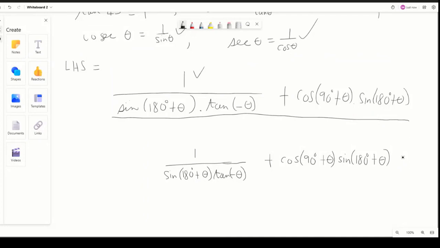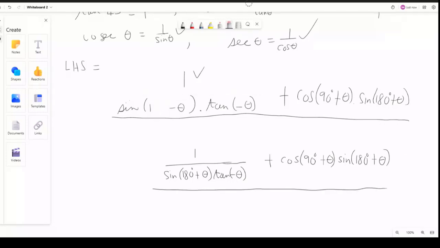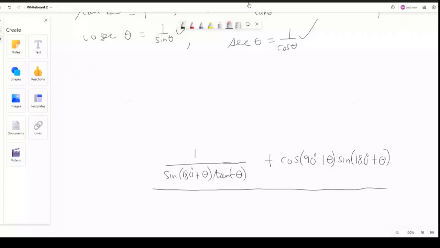So I'm writing things a bit smaller because I need to do the following. You don't worry about that.